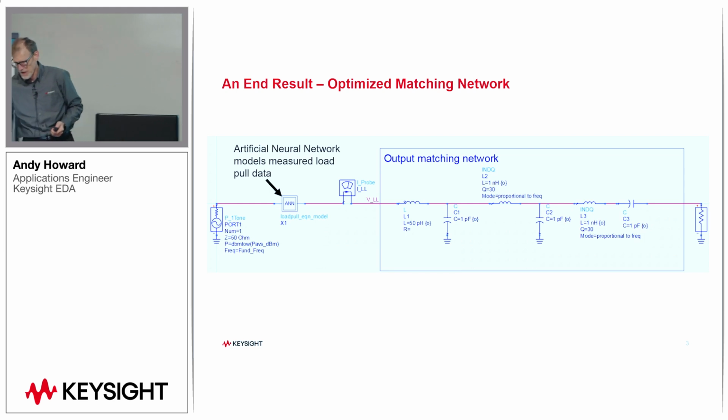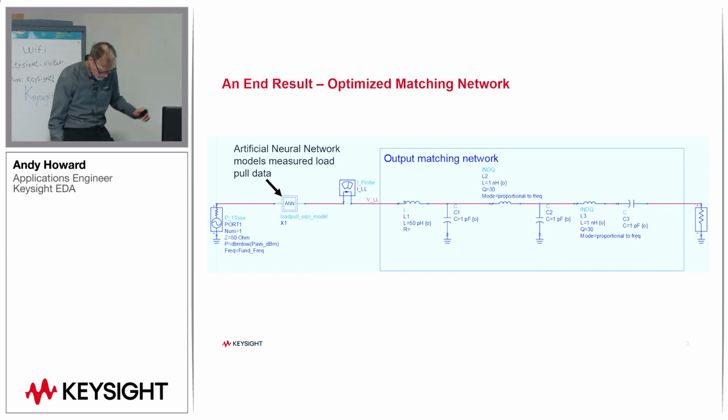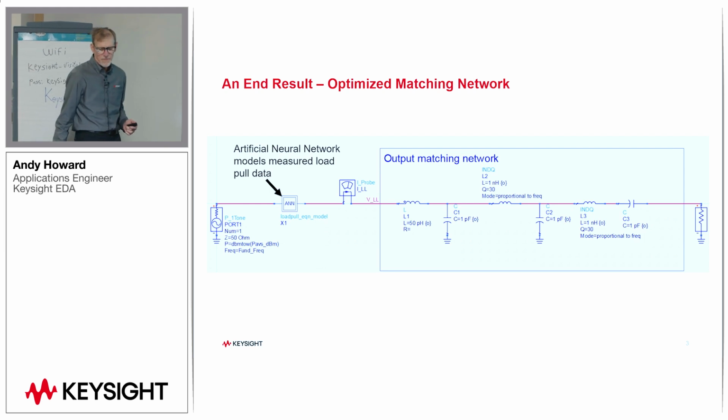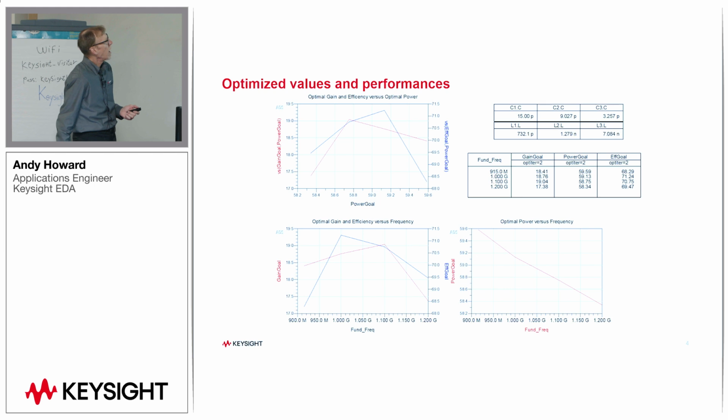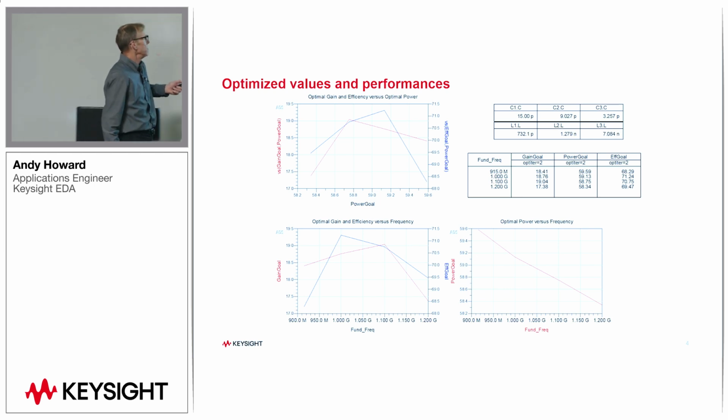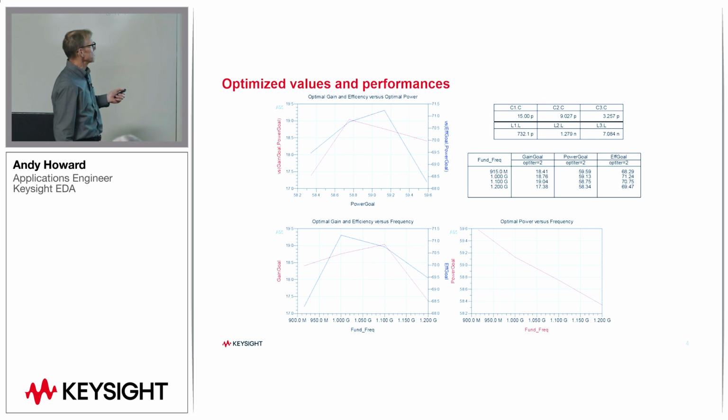This is a very simple example, just meant to illustrate the concept. It is an optimization result, and it shows performances such as gain and efficiency versus output power, and optimized gain, efficiency, and power versus frequency.